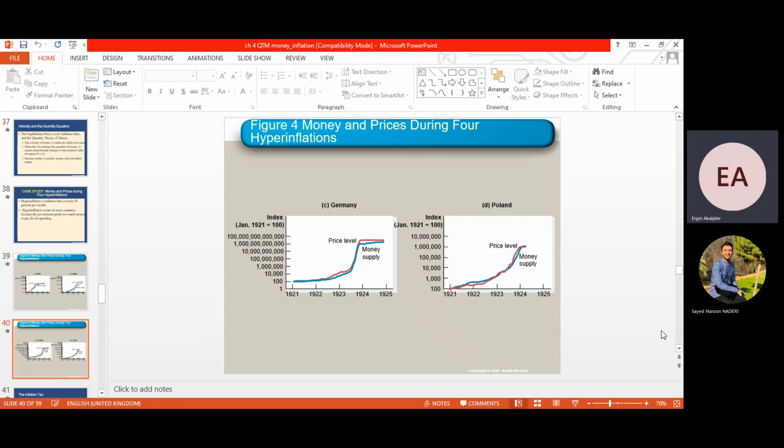Similarly, in Germany and Poland, as you are observing, the price level and the money supply are realized in parallel in the period which is given, and this is not good. This is not really good because you are experiencing too many problems in the economy.